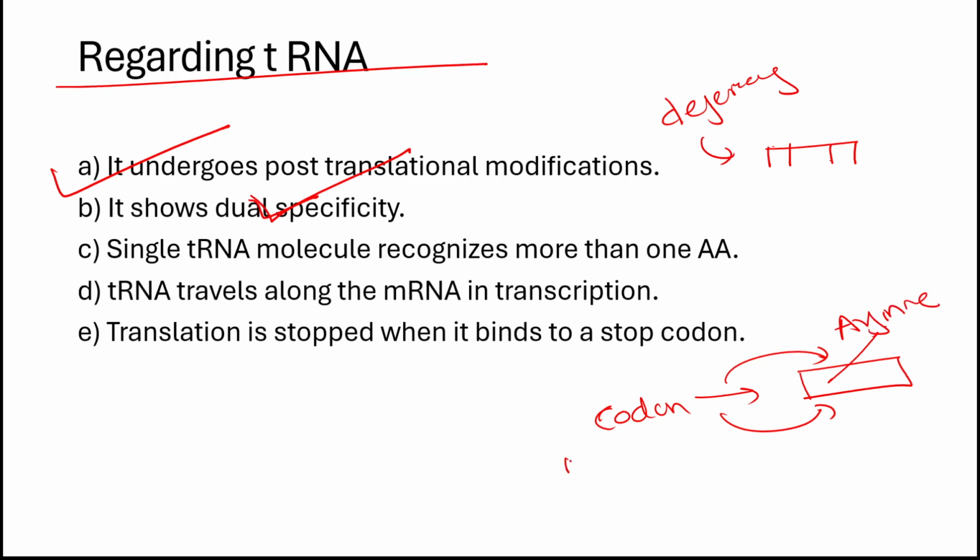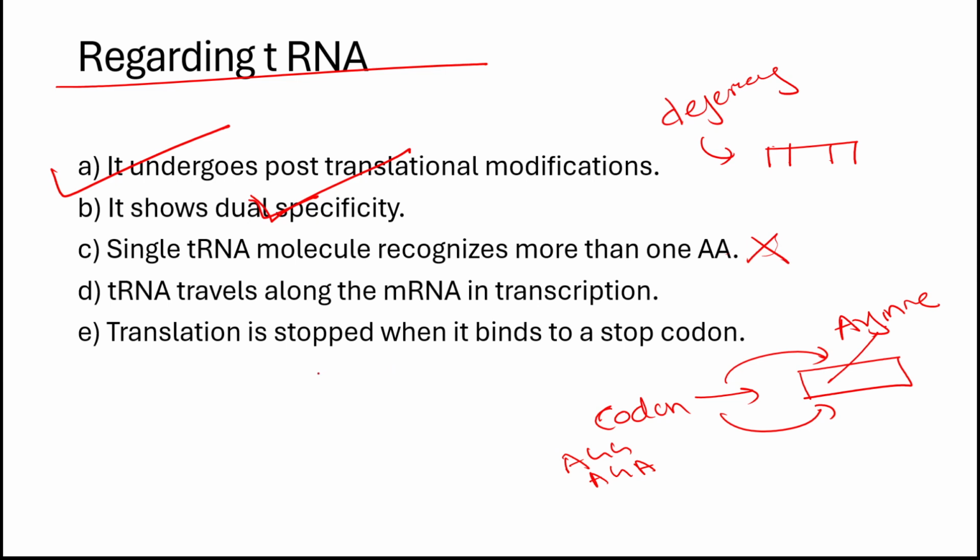I know it can read both AGG as well as AGA, but both of these will identify only a single amino acid. That is why it is very specific, and therefore this statement is false.